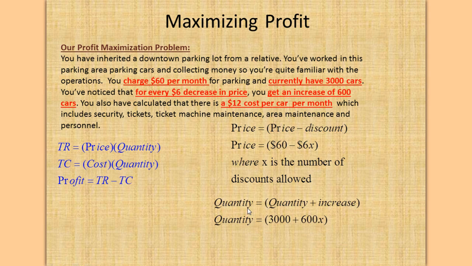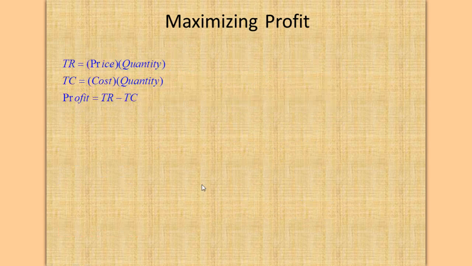What is quantity? Quantity equals quantity plus increase from the discounts. So our quantity is 3,000 cars, and every time we give a decrease of $6, we get an increase of 600 cars. So 600 times x, the number of discounts we allow. So that's our quantity.